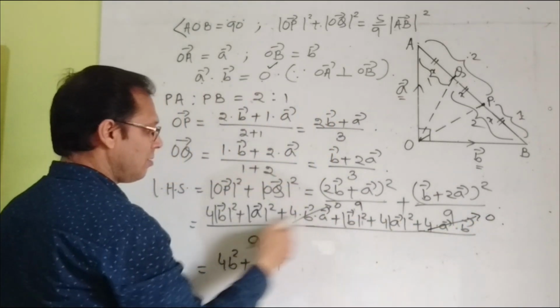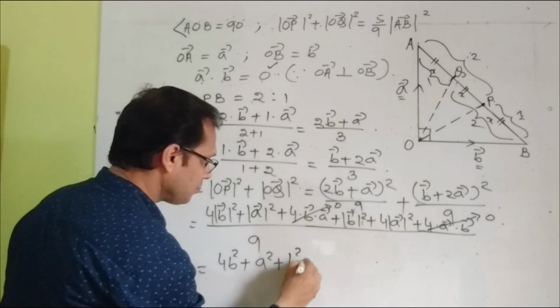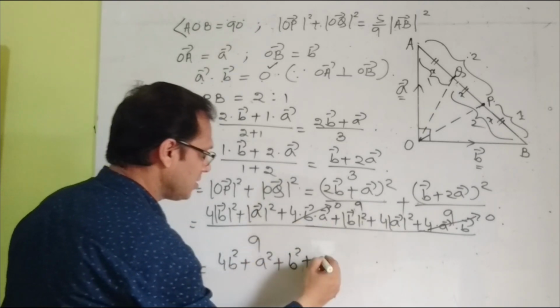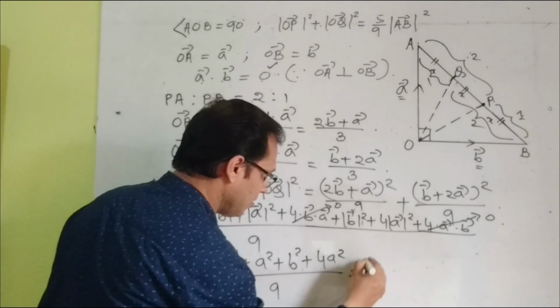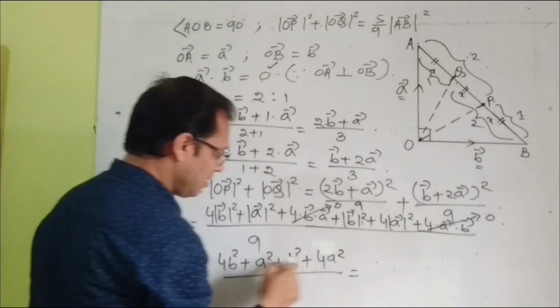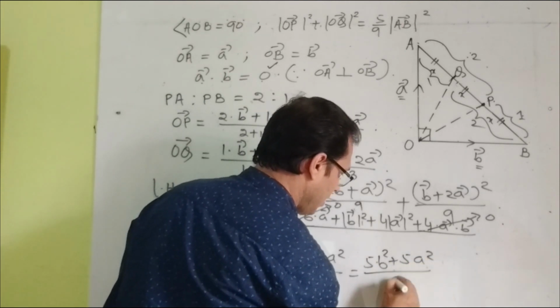Okay, so we are left with 4B square plus B square plus 4A square plus A square by 9, that is nothing but 5B square plus 5A square by 9.